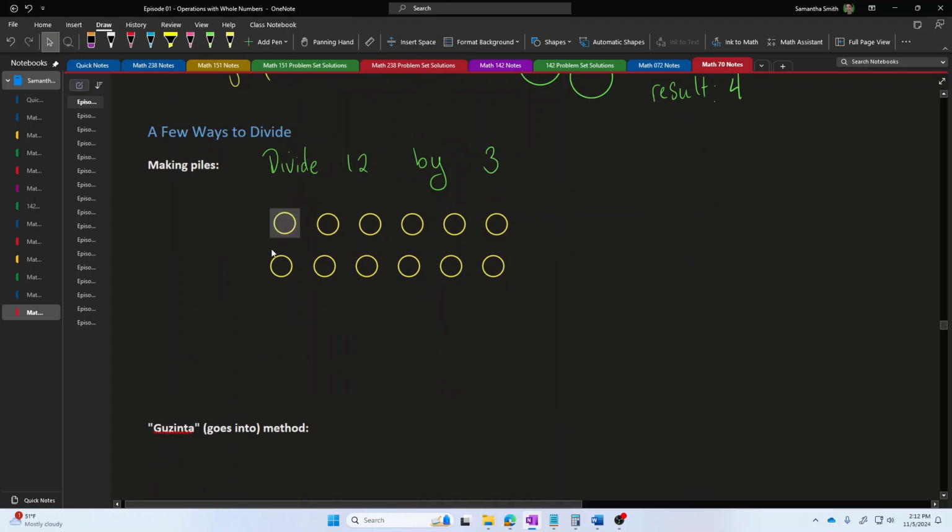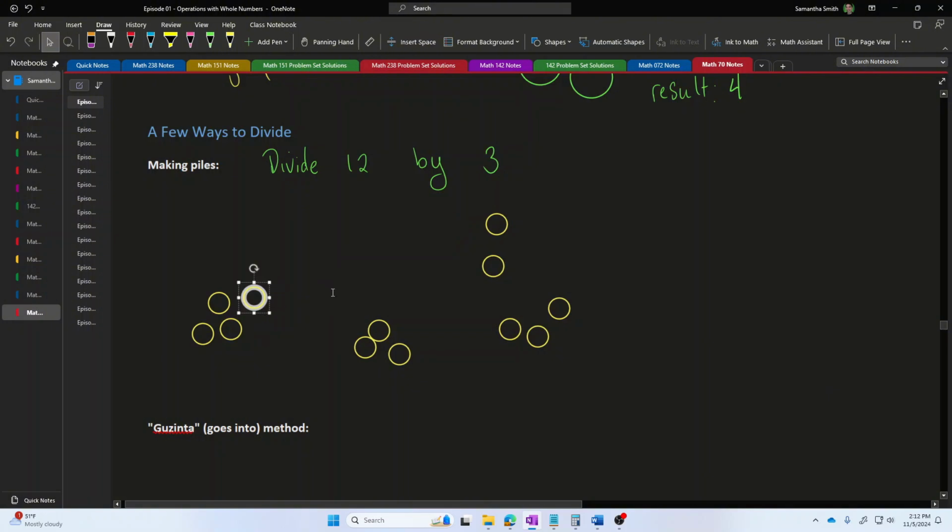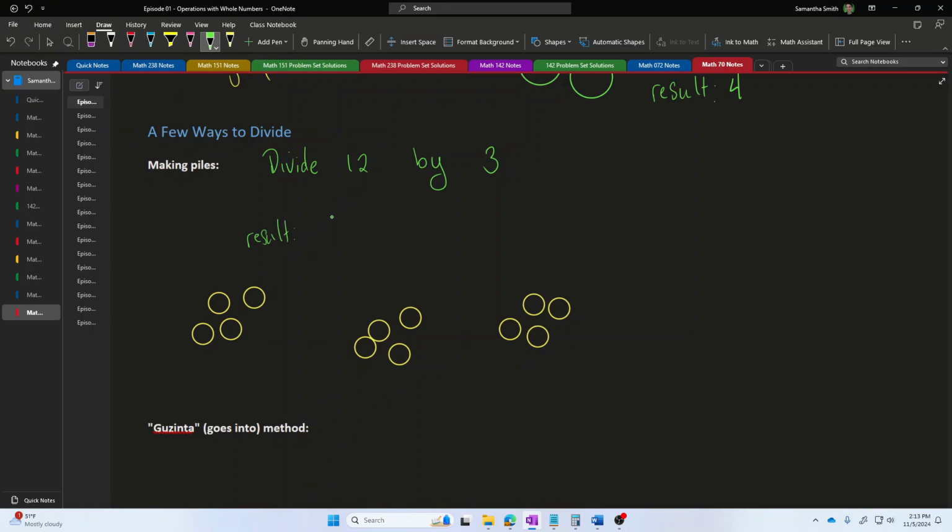So for example, I would put this first object into the first pile, this object into the second pile, this object into the third, and then I would move this into the first pile, then the second pile, then the third pile, first, second, third, first, second, third. And so then, what is the size of the piles that I've created? Each pile contains 1, 2, 3, 4 objects. So the size of each of those piles would be the result of this division, result 4.